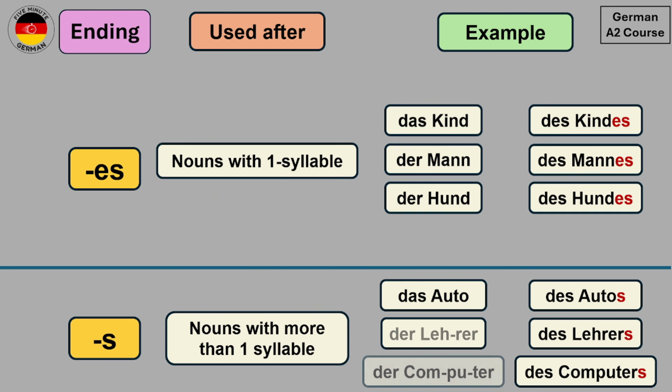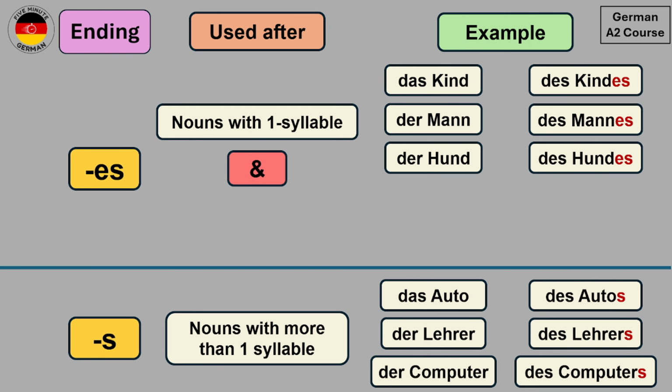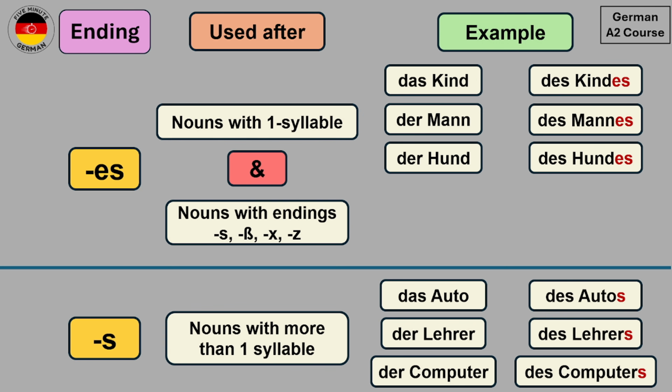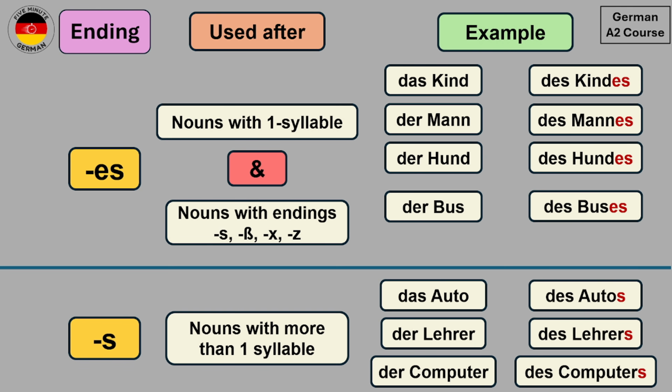Now there is one more case where we will use the ending es, and that is for nouns with the endings s, ß, x, and z. So an example will be der Bus. So this noun has the ending s. So in genitive, it will be des Busses. Another example is der Fuß, which has the ending ß.